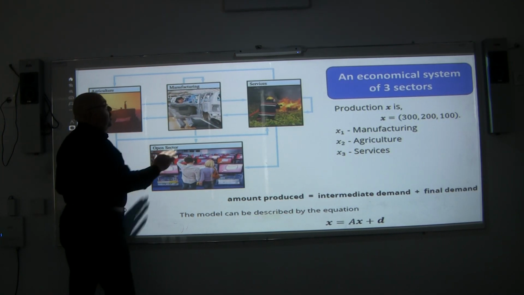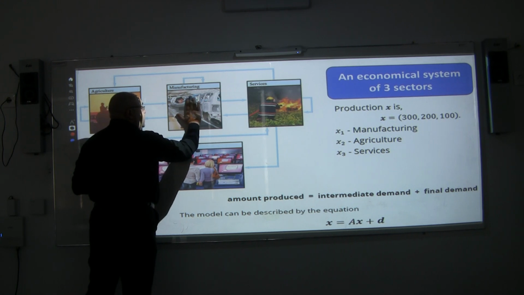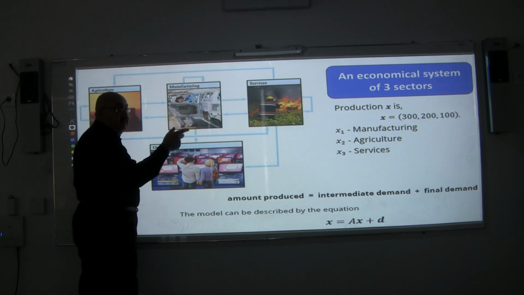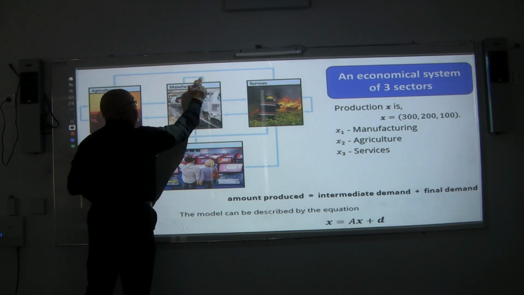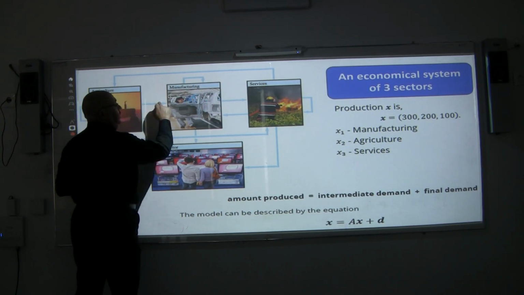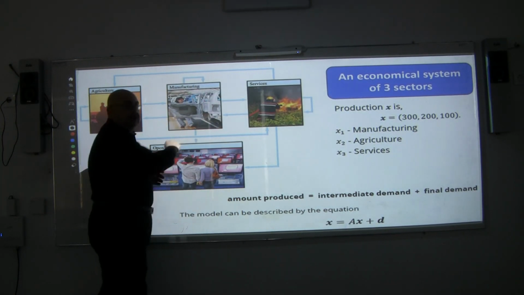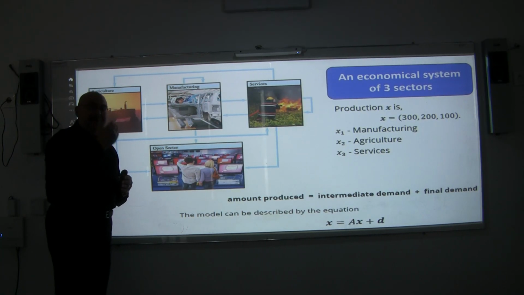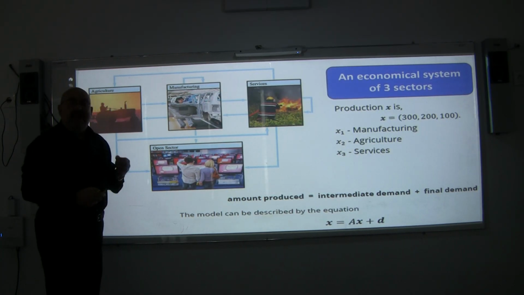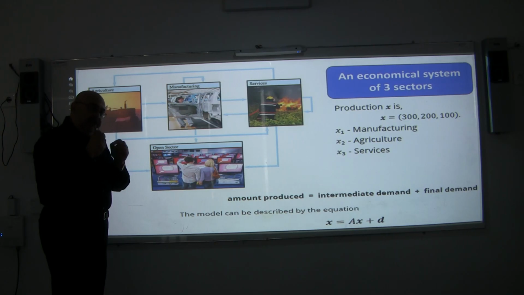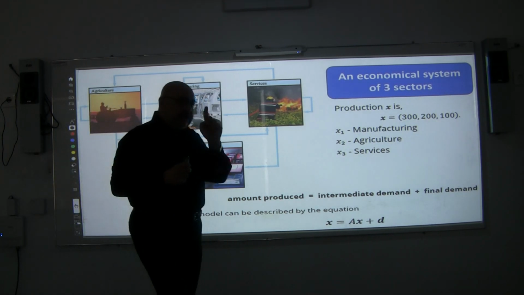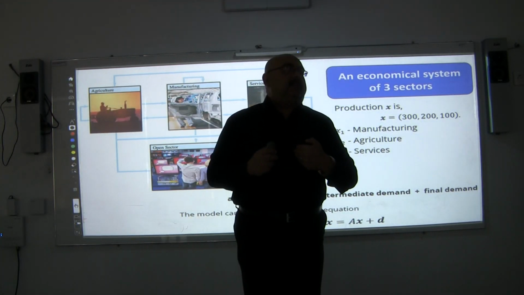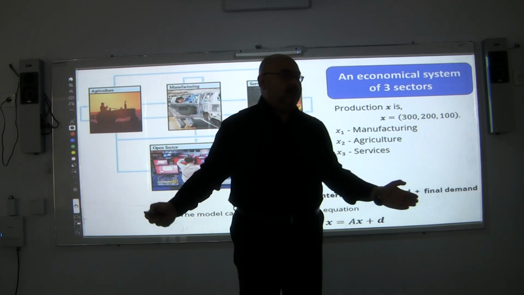In the same way, this sector by itself will depend as an input on itself and on the agriculture and also on services in order to be able to be up and running. And that explains how each of these sectors depends not just on itself, but on the other sectors. So, as you can see, those are the 3 sectors, and this is the open sector that we spoke about.